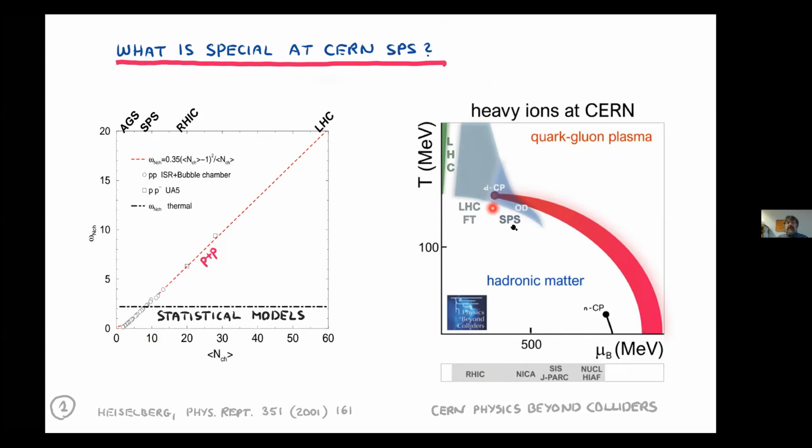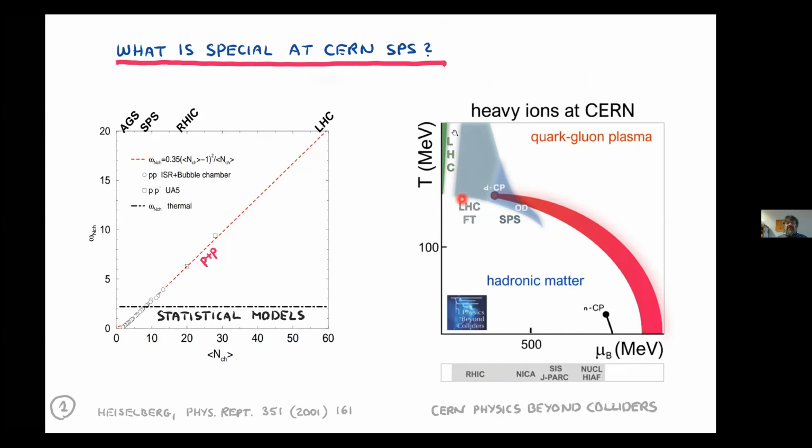As you see here, that's a plot from the big activity at CERN summarizing physics beyond colliders. Colliders are indicated in shaded gray areas, regions covered by CERN machines, first of all SPS, and there's a good chance that we may find the critical point at CERN SPS energies.